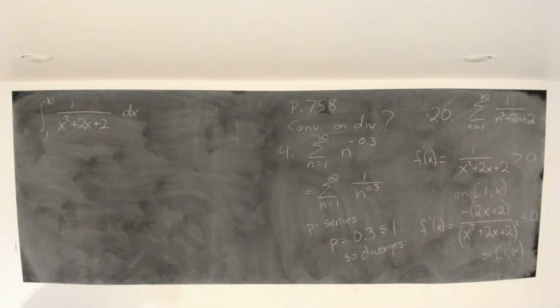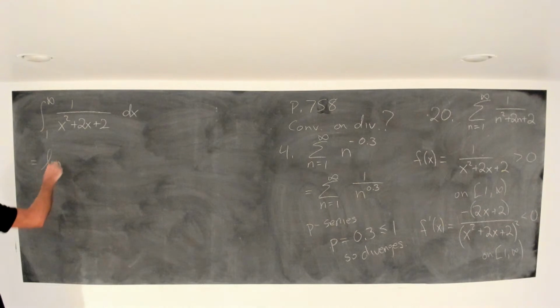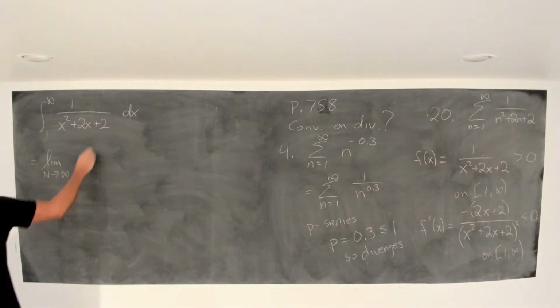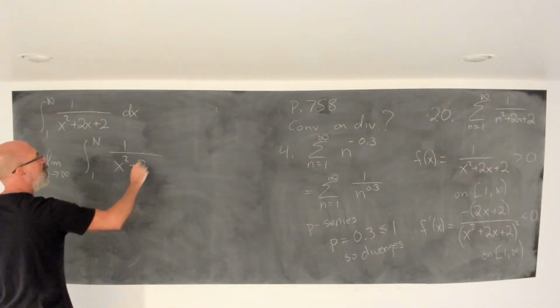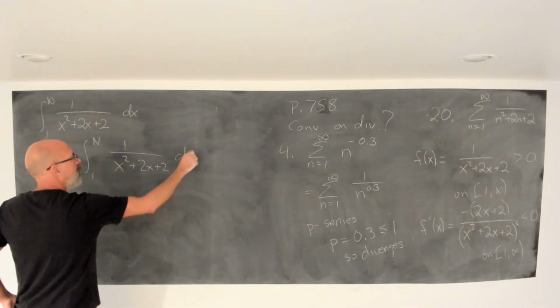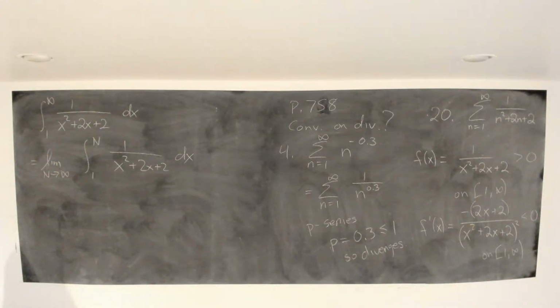Could we factor the bottom and decompose? Sure, whatever works for you. The obvious question is, how do we integrate? Turns out the denominator is an irreducible polynomial, so factoring is not a possibility here.